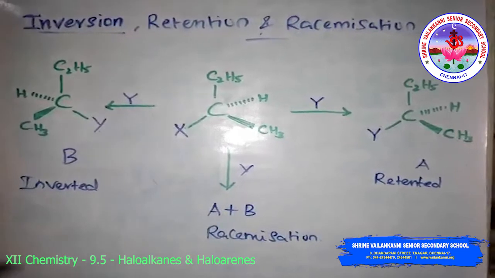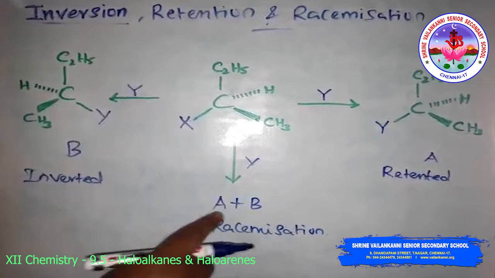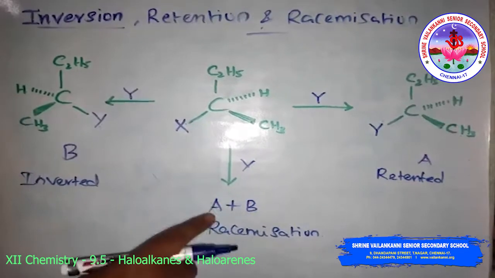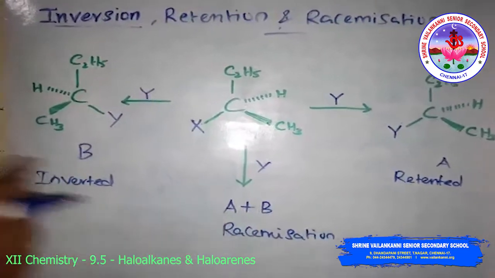So this is the racemization process and the product is optically inactive, as one isomer will rotate light in the direction opposite to the other.